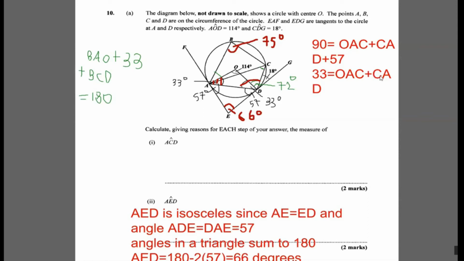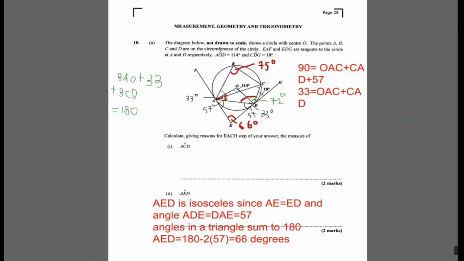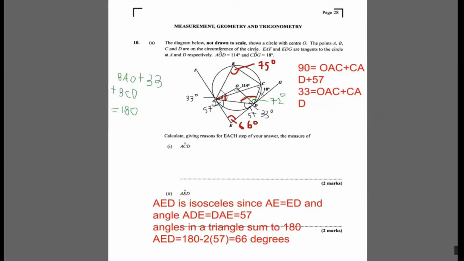Oh no, OAC plus CAD is 114. So let's see. I'm going to write down angle ABC again.